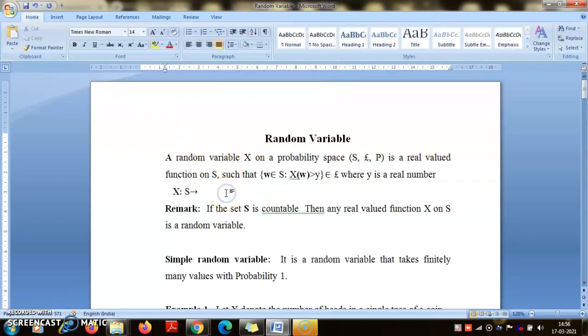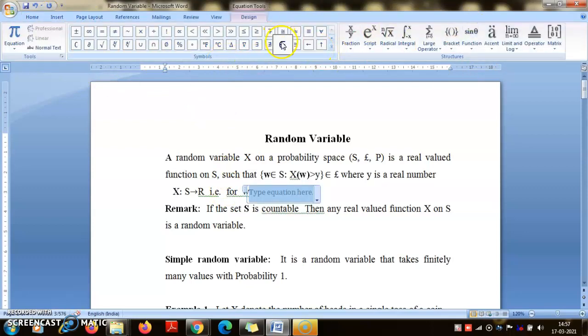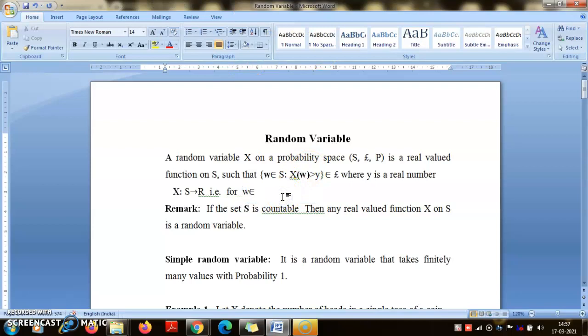That is, for w in S, X(w) is a real number. So that is what I mean.